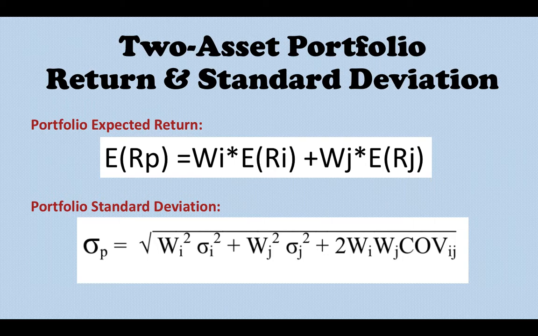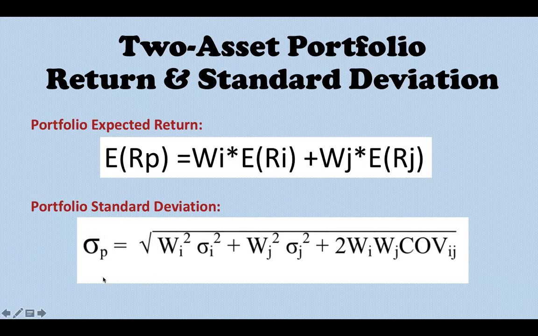Your portfolio return will be equal to the weighted return of each individual stock, then you add them together. Then how about the standard deviation? It is very interesting because of the way it is calculated if you put two stocks in one portfolio.